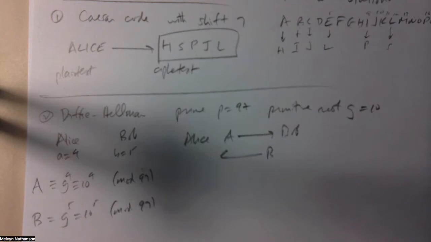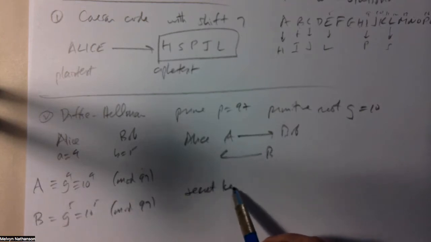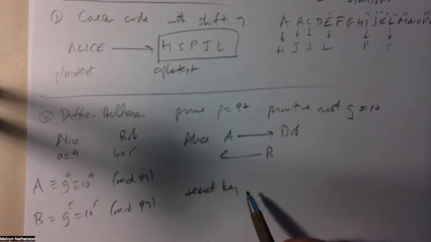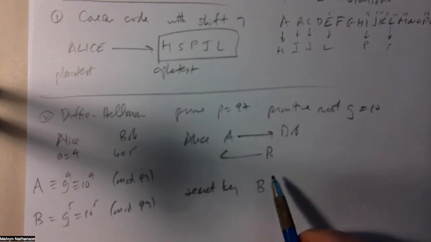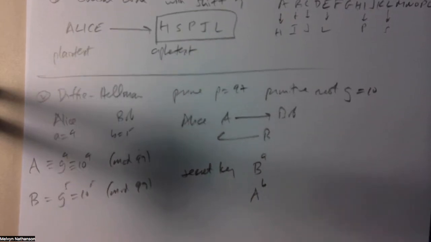And how do they get their secret key? So the secret key, which they both share, is Alice takes B and raises it to her secret number A. And Bob takes Alice's A and raises it to his secret number B and reduces this mod 97.